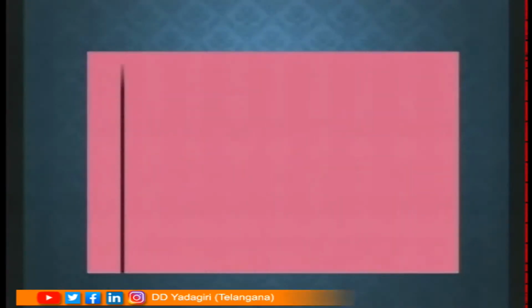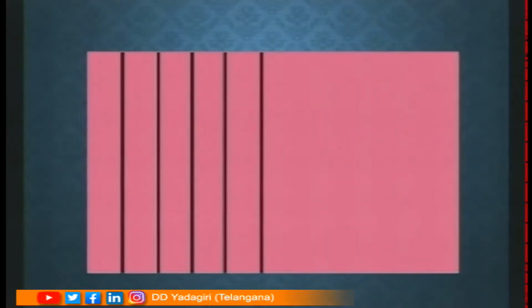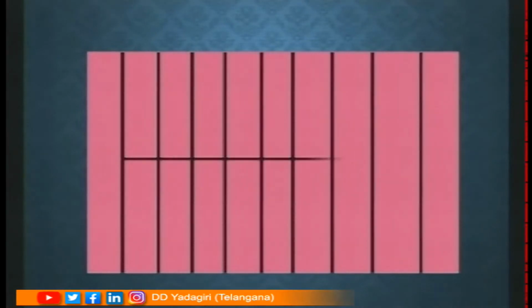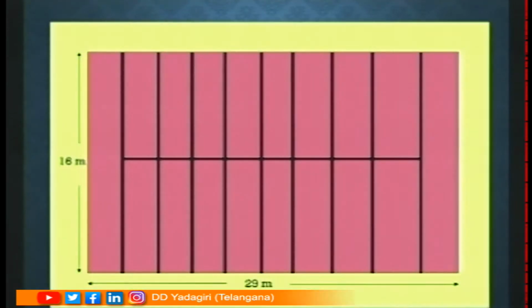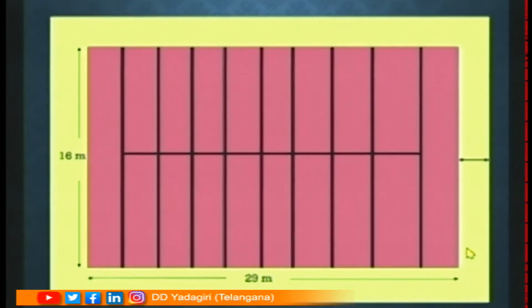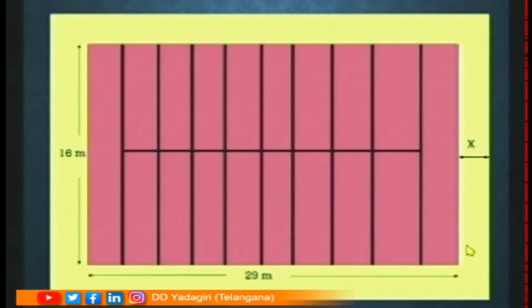I hope you all understand the word spectators. It means audience. Okay, now let us draw the court first. Let's imagine it would be something like this, whose dimensions are 29 meters by 16 meters. Now, this green portion is the place which has to be allotted for the spectators, that is audience. And the width of the space would be x meters on all the four sides. Now let's try to relate this situation to an equation.